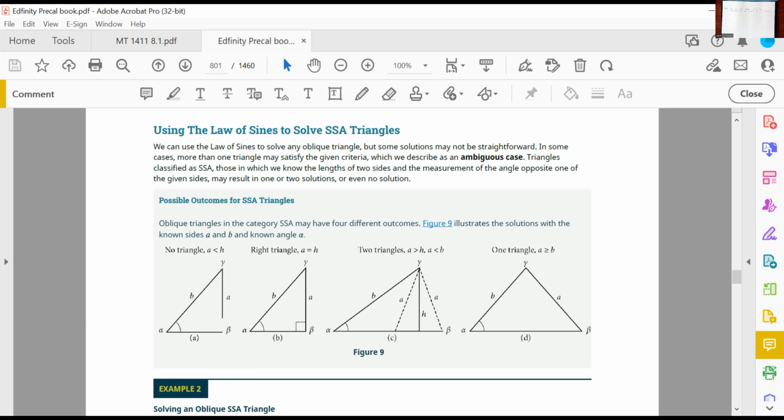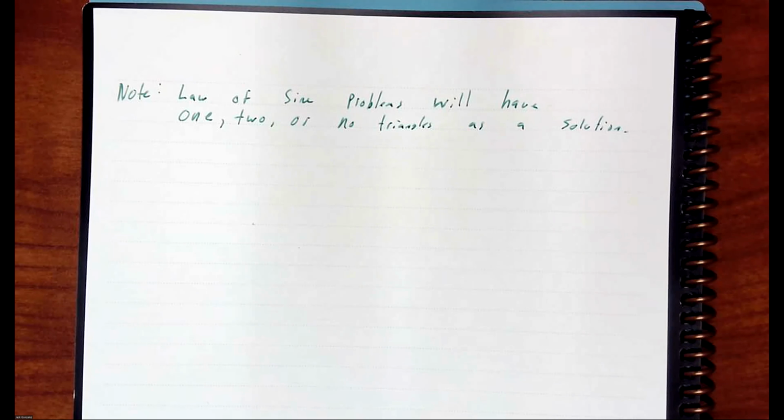So the first one we're going to do, where is my PDF? It's just a one triangle problem.